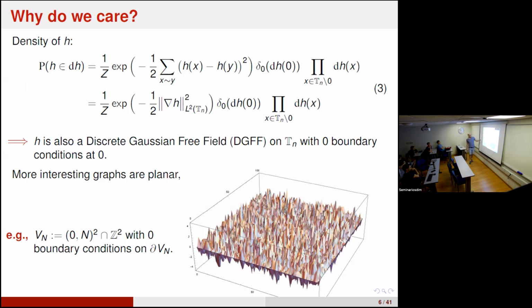The reason that I want to write it like this is that now you can take other graphs, not just Tn, but any graph and any boundary conditions. You don't just insist that the root is 0, but maybe other vertices.